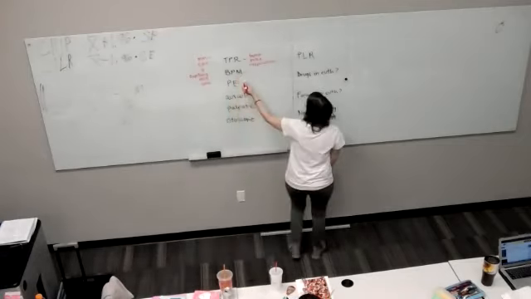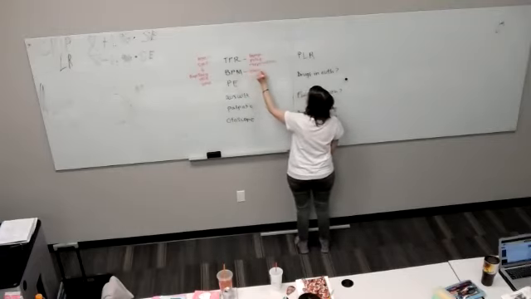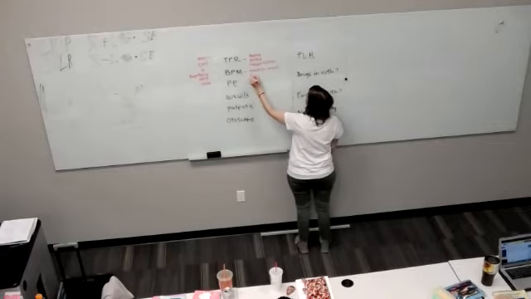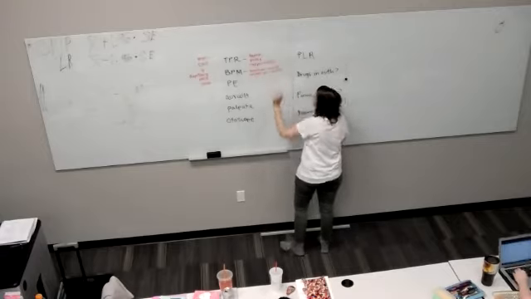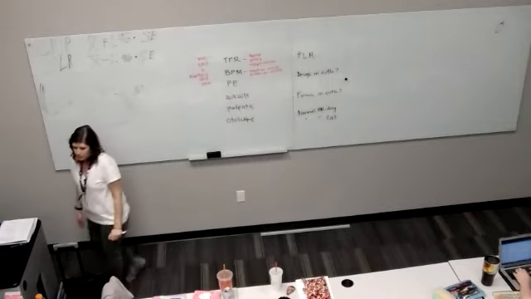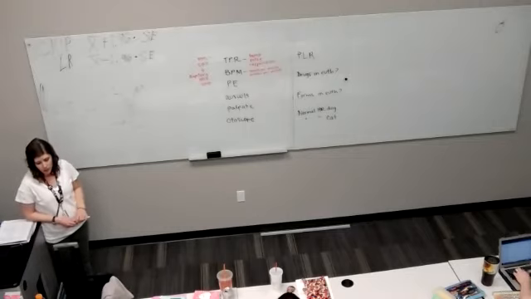We have BPM, which can be two things. So beats per minute and then breaths per minute. And this is again how we are getting both our pulse and respirations, is how many in a minute. Generally I will count for 15 seconds and then times that number by 4.